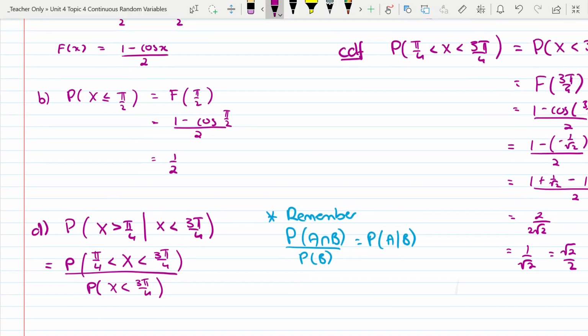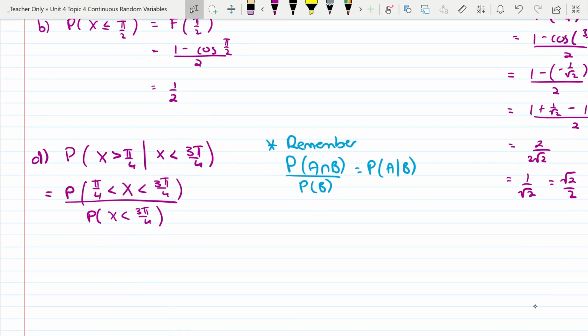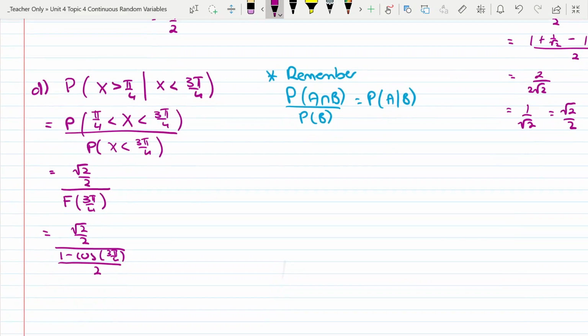And we've already worked out what the probability is of x being greater than pi on 4 and less than 3 pi on 4. So we know already that that's root 2 on 2. And using our CDF, we can say over f of 3 pi on 4. So that's root 2 on 2 over 1 minus cos, what's your fractions? 3 pi on 4 over 2.